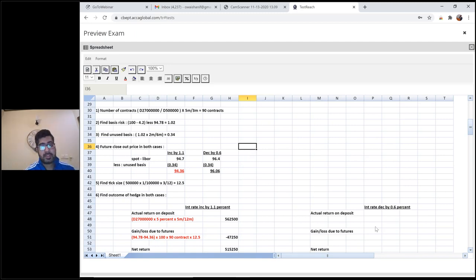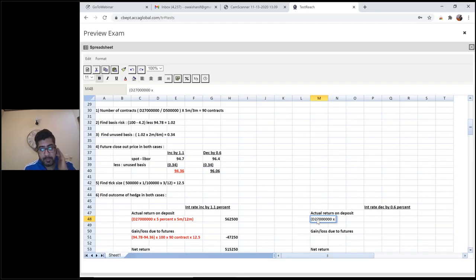Just to make sure you understand this properly, let's move to the right side case to verify whether our answer is okay. If interest rates decrease by 0.6, first the actual return on deposit: dinar 27 million into rate of interest. If interest decreased by 0.6, from 4.2 it becomes 3.6, but you won't get the deposit return at 3.6.